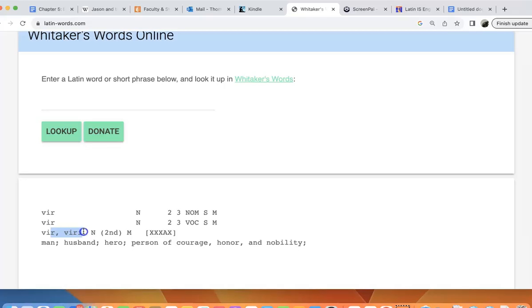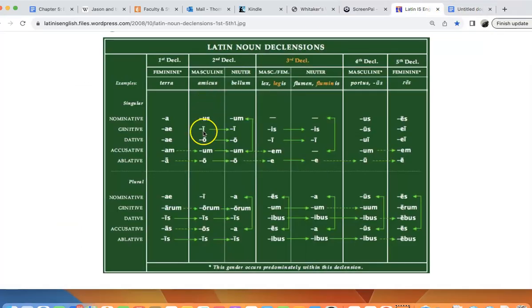So this is what we're talking about, where only the second declension genitive singular, which ends in I, will tell you that this is second declension. Why is that important? Because otherwise, we're not going to know that the adjective requires second declension "bonus." So you can't say "bona vir," that would be wrong. So you need to recognize that man is second declension, but only knowing the "viri" is going to indicate that.